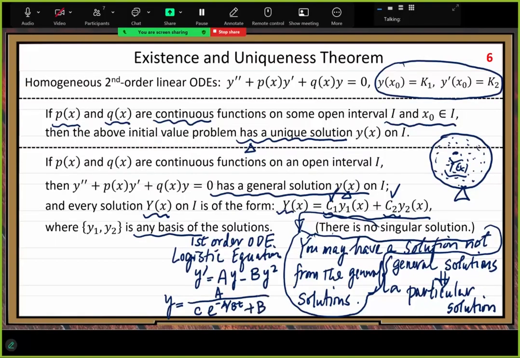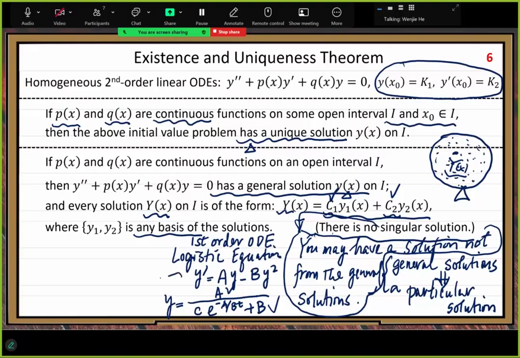Look at this expression. This is a general solution. A is fixed, B is fixed. C you can change. When you change the little c value, you get infinitely many particular solutions. So that's for the logistic equation.